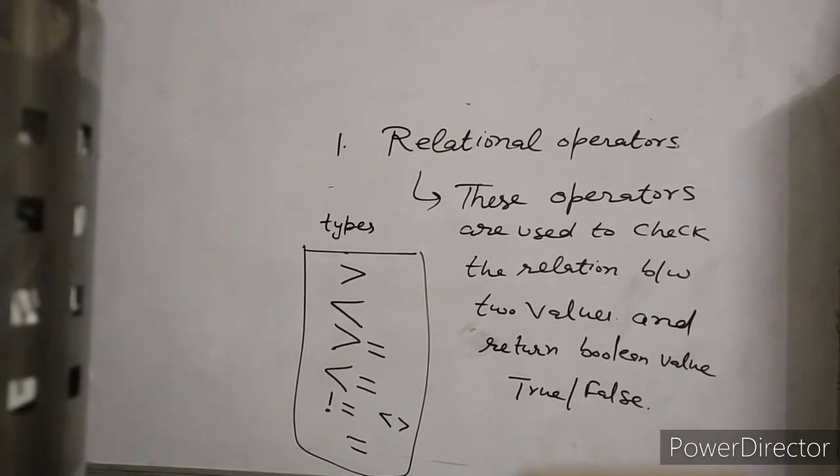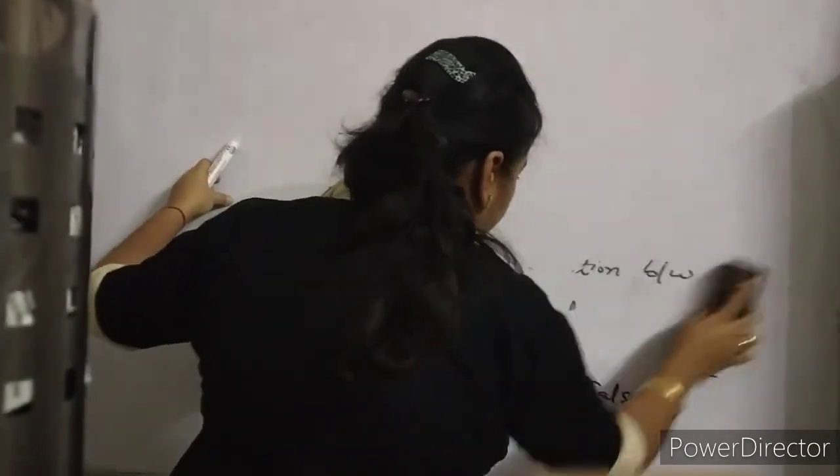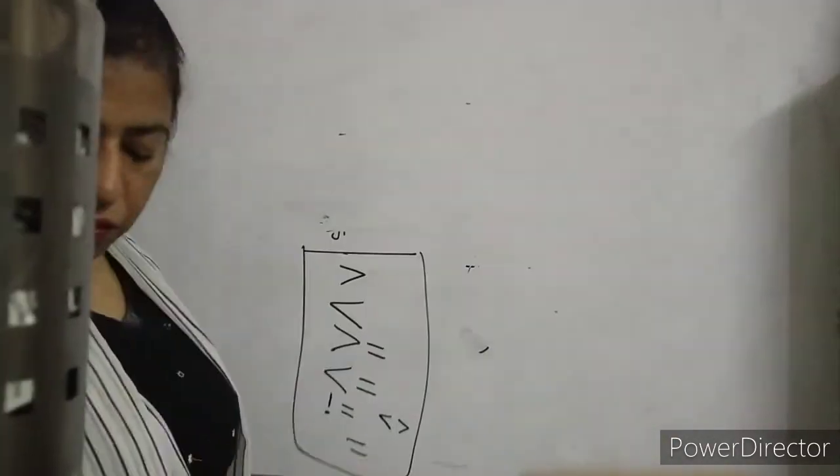And one more query, the meaning of the last second symbol. The last second symbol is not equal to. I am writing here because there is some shortage of space. That's why I am writing the names.